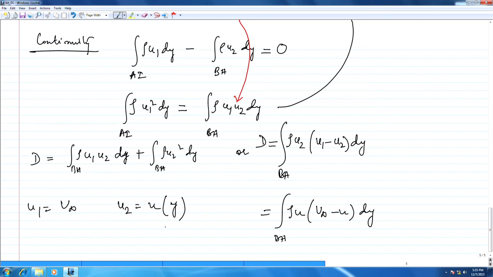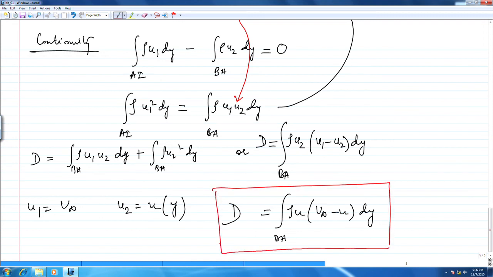So this is an expression for D, and what is interesting about this drag is that you can write it in terms of velocity. There is no connection between this and the boundary layer things that we've learned so far.